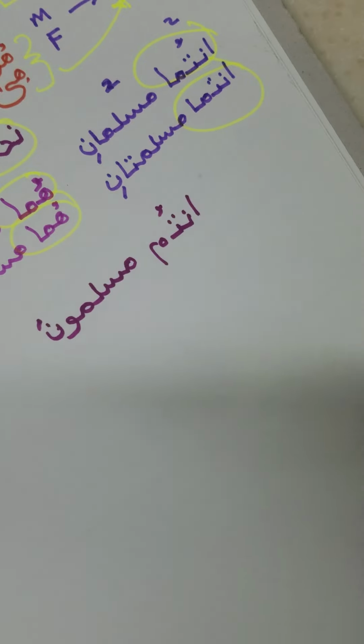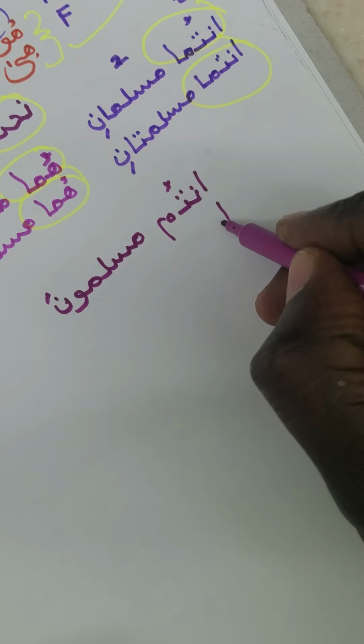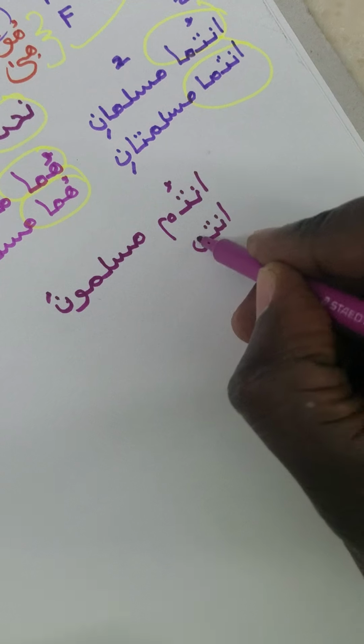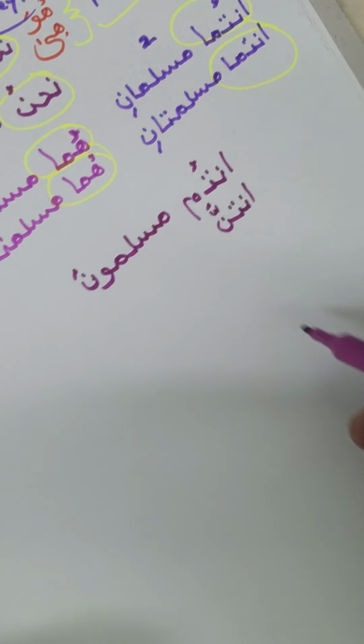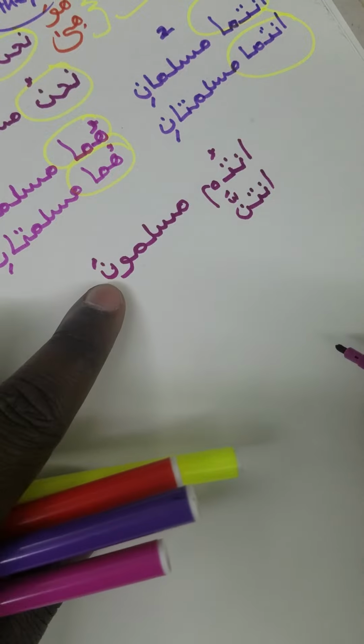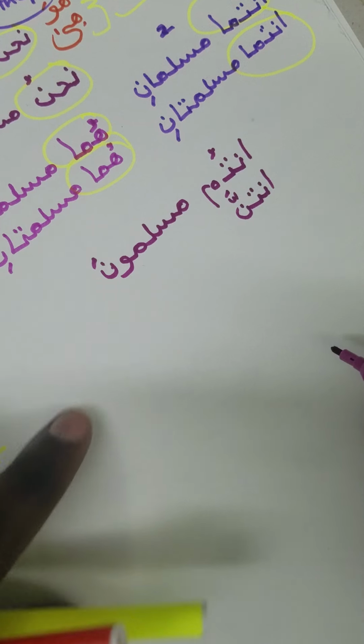So you come here and say antunna, female Muslims who are many. We said for plural we add at. So instead of muslimuna, it will be muslimat.